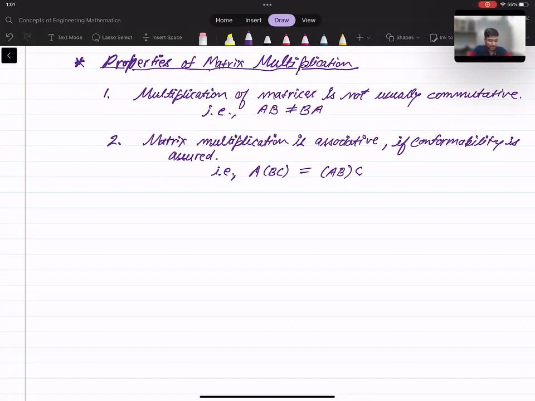Also, the next property says that matrix multiplication is distributive with respect to addition. It can be with respect to subtraction also.